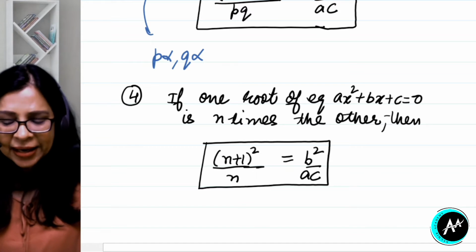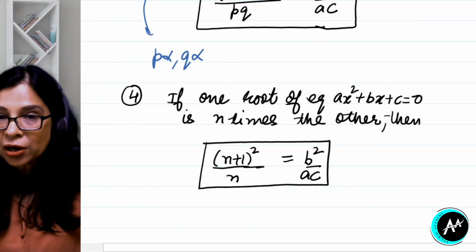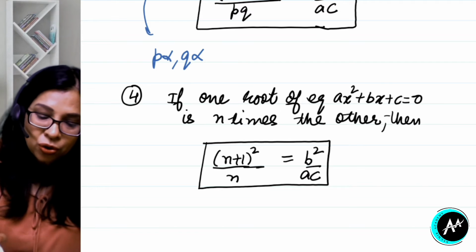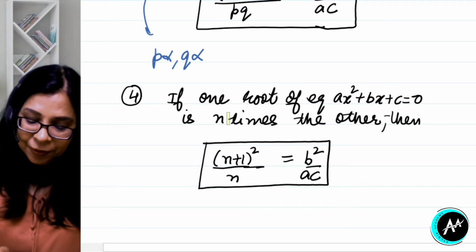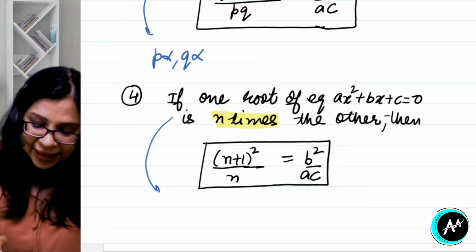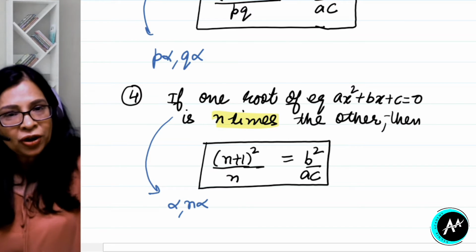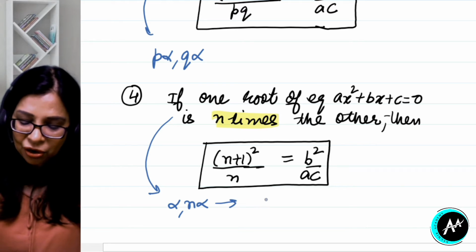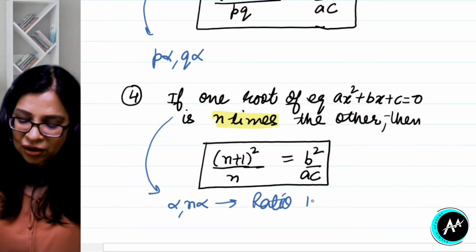Now why am I saying that this result is kind of similar to the previous one? Let's see. When we say that one root is n times the other, what does it mean? It means that in this case, if one root is alpha, the other will be n times alpha. Now you can see in a way these roots are in the ratio 1 is to n. Can we say that?